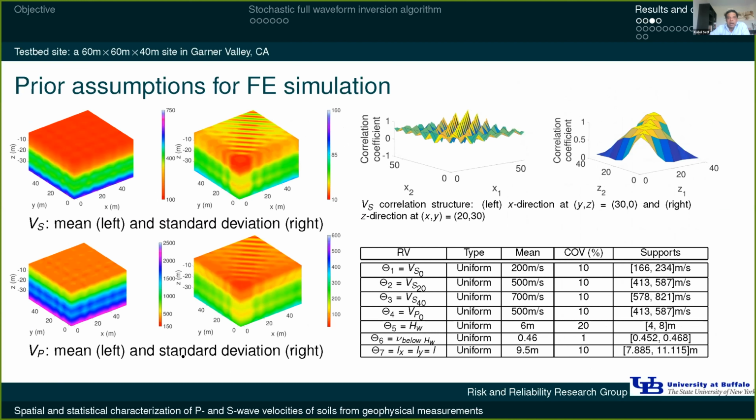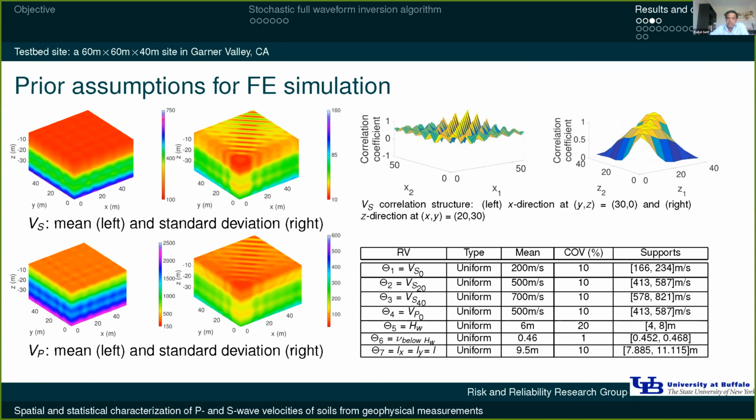So here are the prior assumptions for the FE simulation. The figures on the left show 3D profiles of the mean and standard deviation of Vs, and in the bottom row, the mean and standard deviation of Vp. On the top right, the correlation structure is shown.